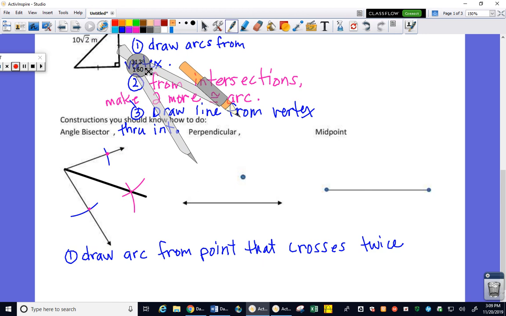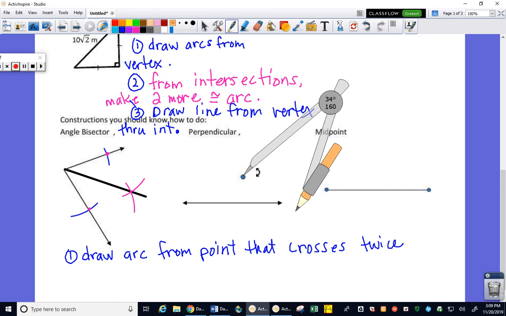You take your compass, put the needle at that point, and draw arcs that cross your line twice.